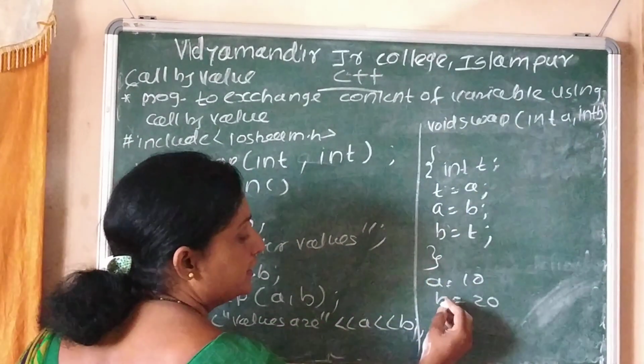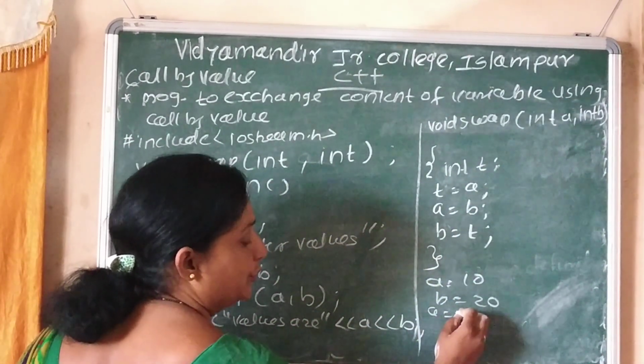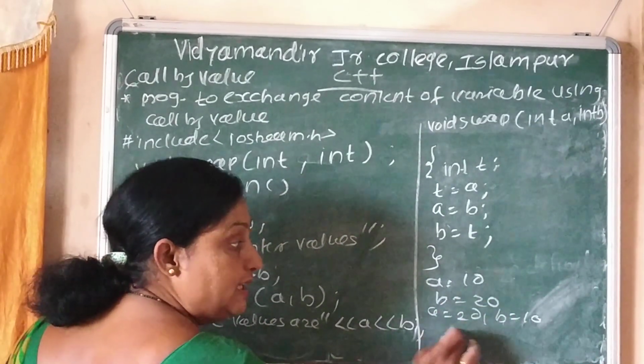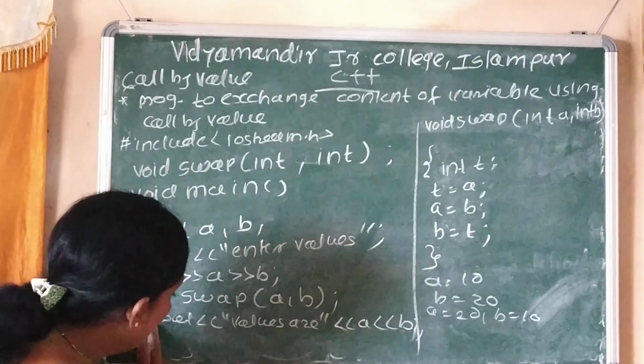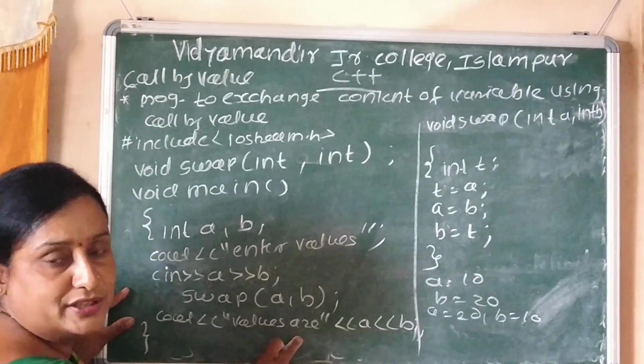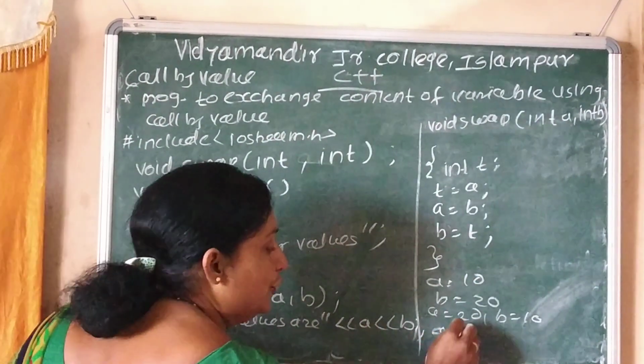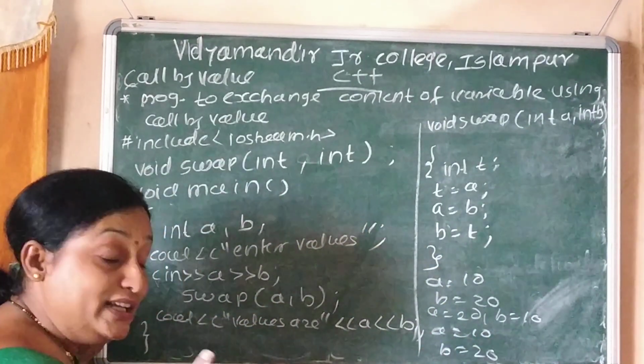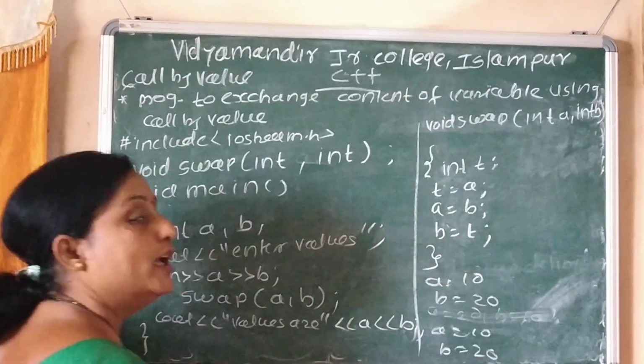In this block, the value of a is equal to 20, b is equal to 10. But this changed value cannot be transferred back to the main function. That is, the value of a is equal to 10 and the value of b is equal to 20. That is called call by value.